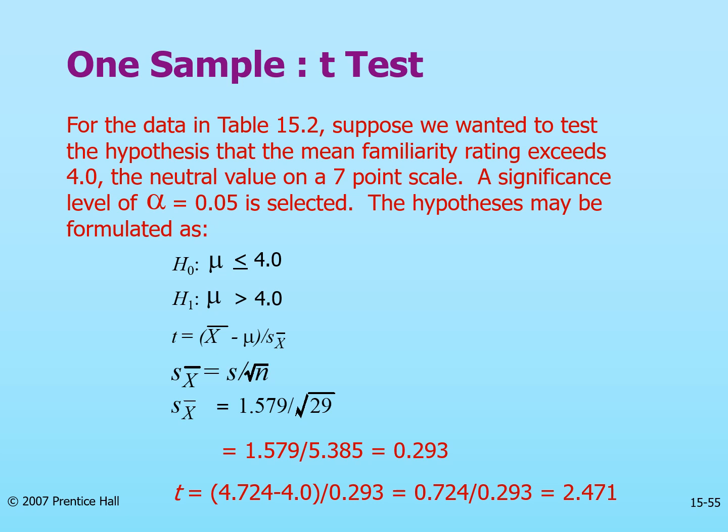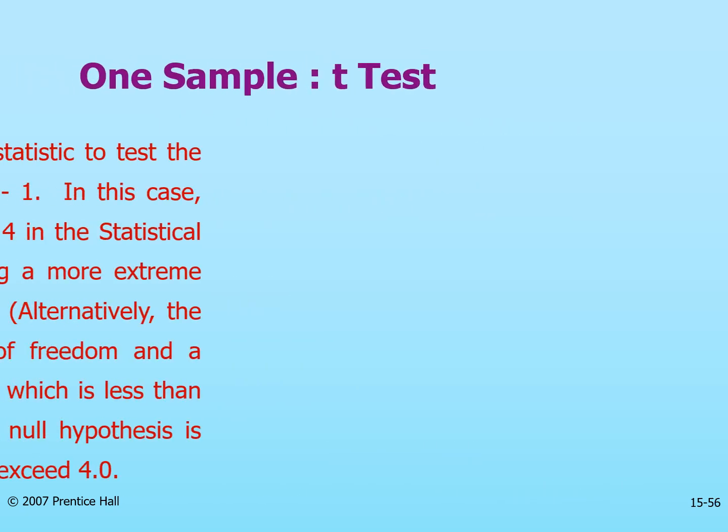So t is equal to x bar minus mu upon the standard error of x bar. Now the standard error of x bar is equal to the standard deviation over root n. The standard deviation is taken as 1.579 over root 29, so that comes to 0.293. So when we put the value in the t-test table, we get the calculated value as 2.471.